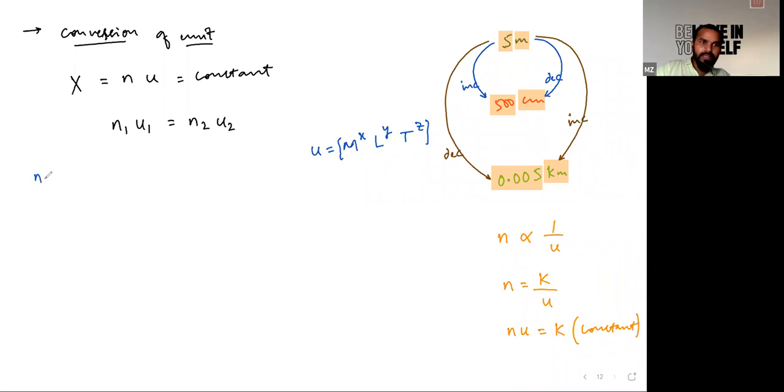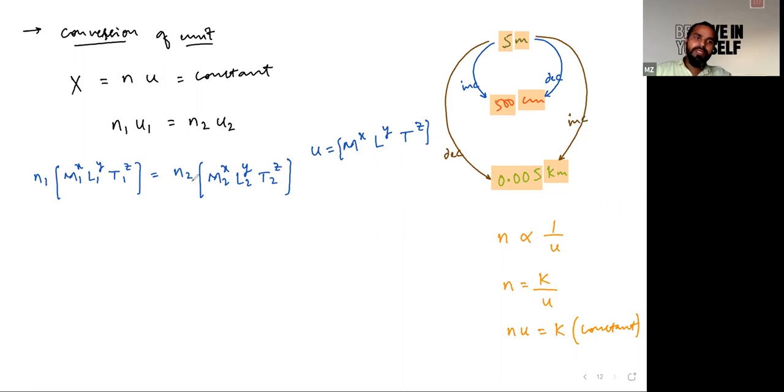So it will be n1 into M1 L1 T1 to the power x, y, and z equals n2 into M2 L2 T2 to the power x, y, and z.